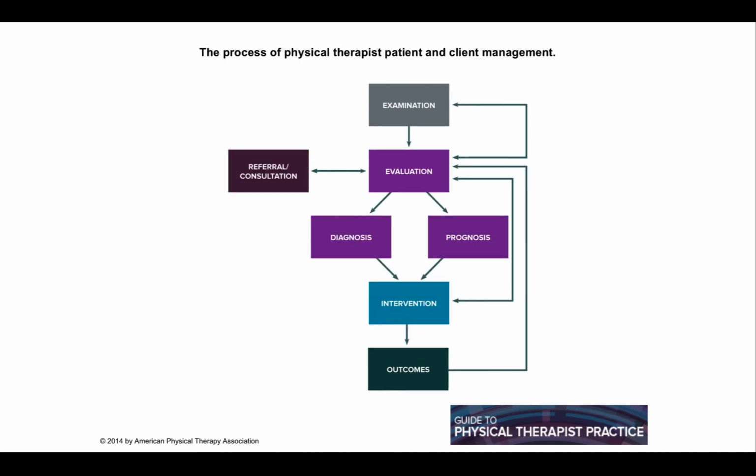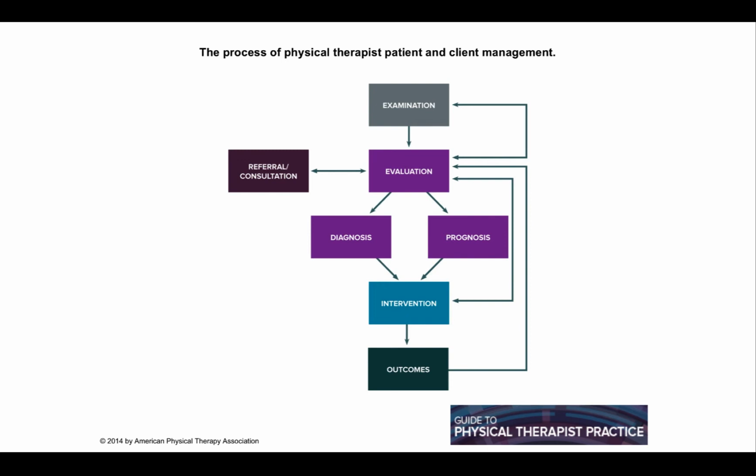And this is another way to look at that patient-client management model. Again, talking about the examination and then doing the evaluation. With the evaluation, you can refer or consult. You then will diagnose and develop a prognosis, create interventions, carry out interventions, and then collect outcomes.